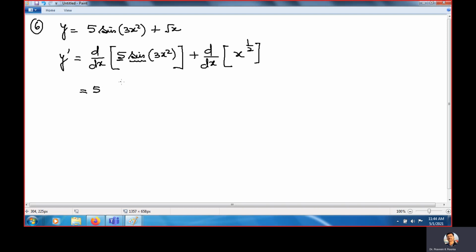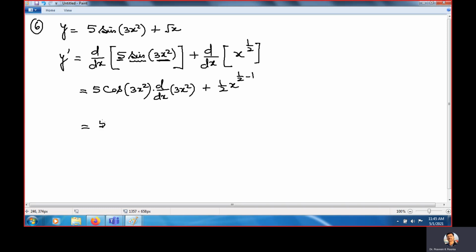Now what is the differential of sine? It is cosine 3x power 2. But here you can see it is other than x. If it is x, the answer is cosine x. But it is 3x power 2, so dear friends, you need to differentiate 3x power 2 also. Plus this is 1 upon 2 x power 1 upon 2 minus 1.